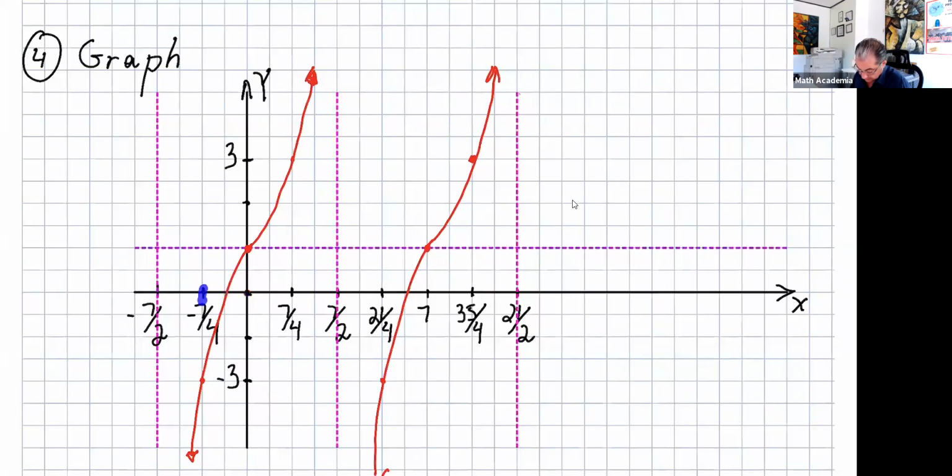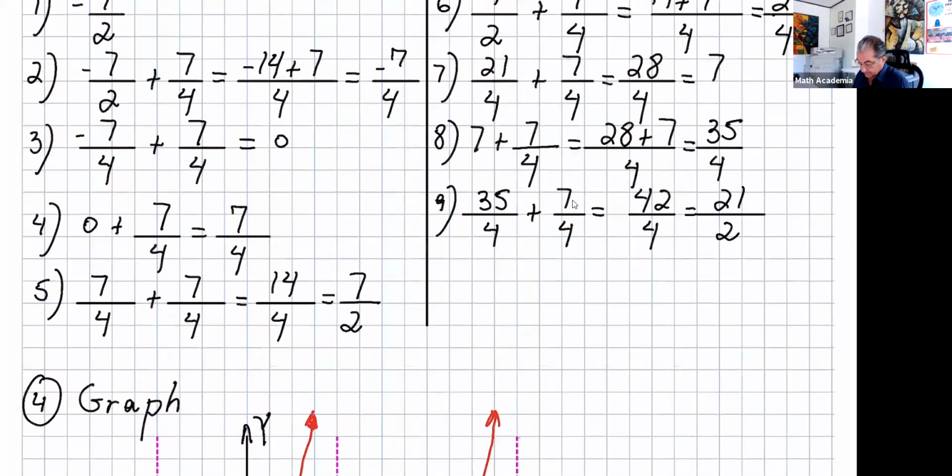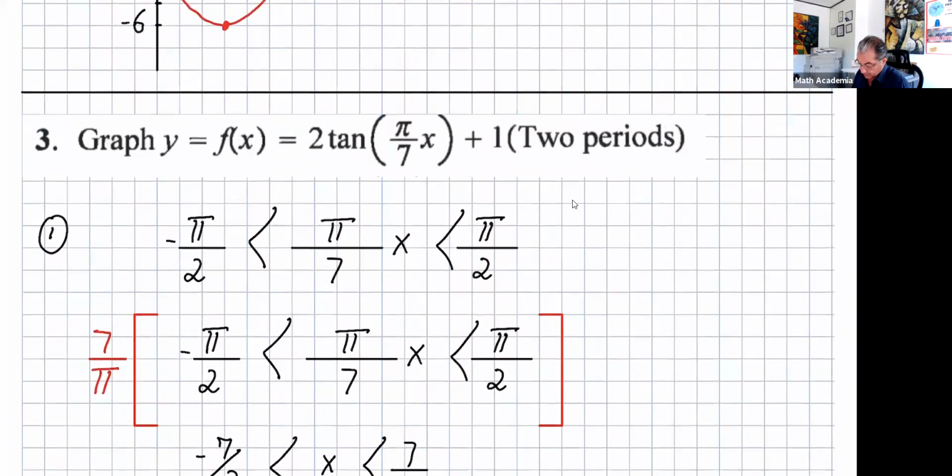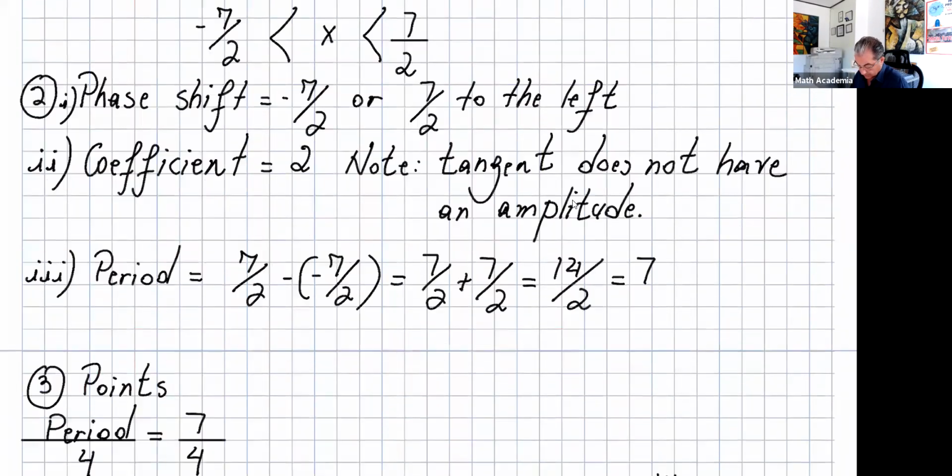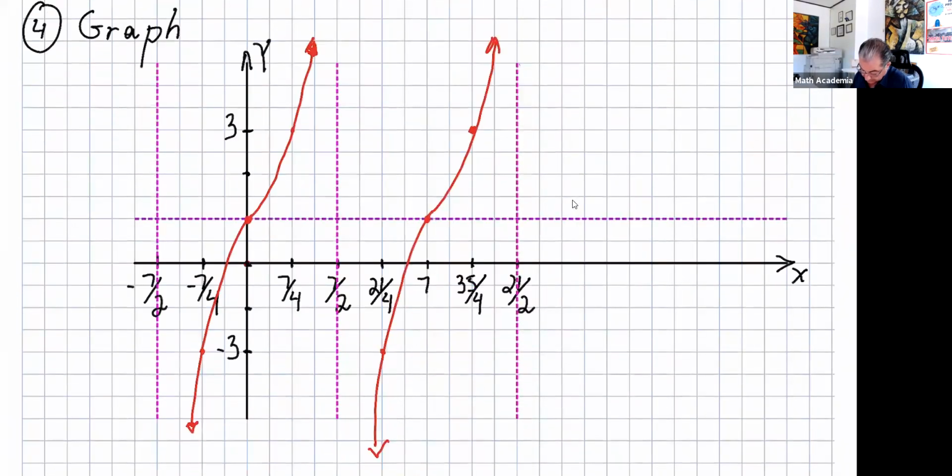So the second point is negative 7 over 4. Then it's 0, 7 over 4, 7 over 2, and so on. You place all those points. The new axis of the graph is plus 1, and I can put 1 here, and you can draw the new axis just like I did.